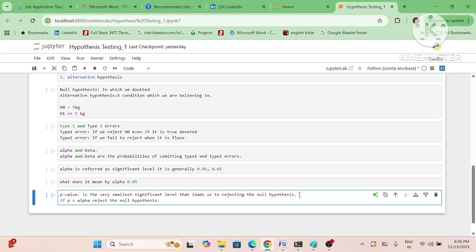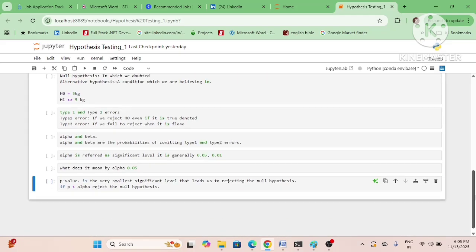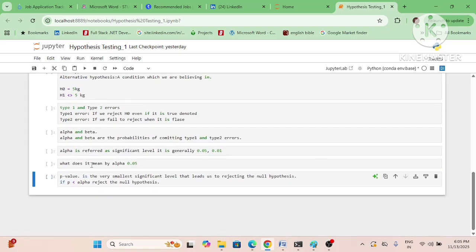So we put alpha as a threshold value, a cutoff value. Below that cutoff value, if it is happening still under the null hypothesis, the p-value is less than alpha.